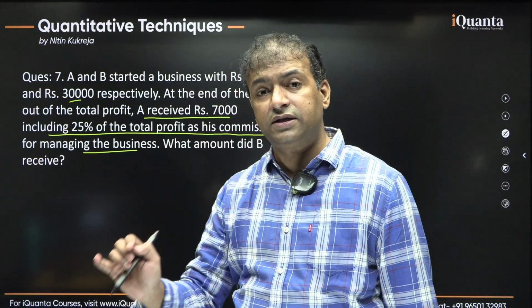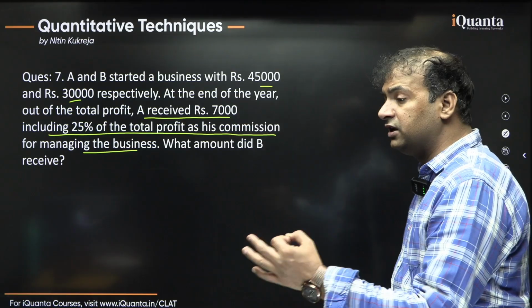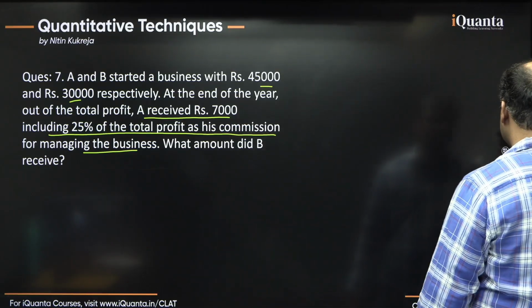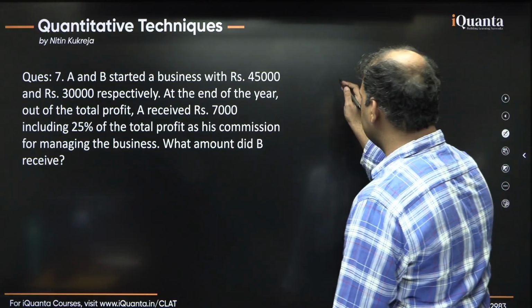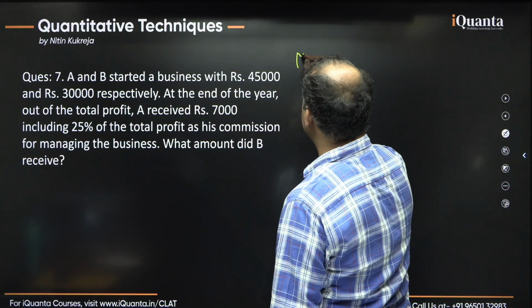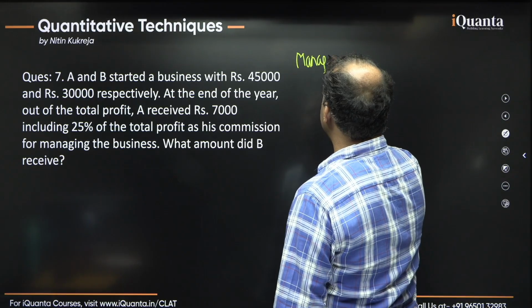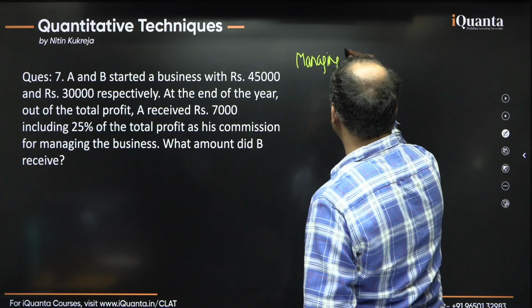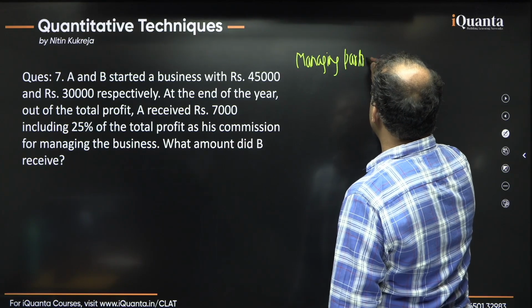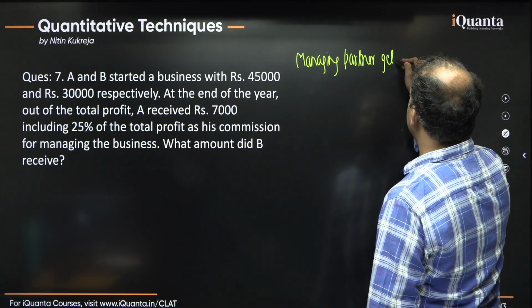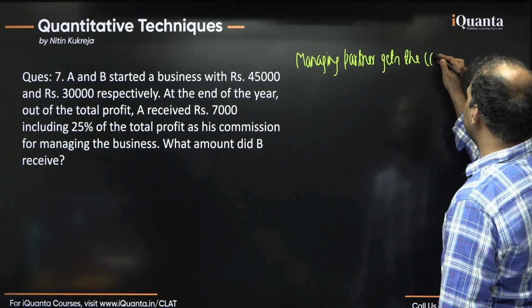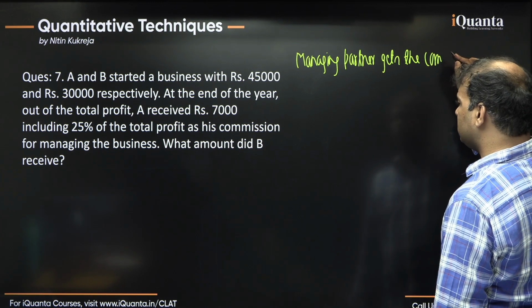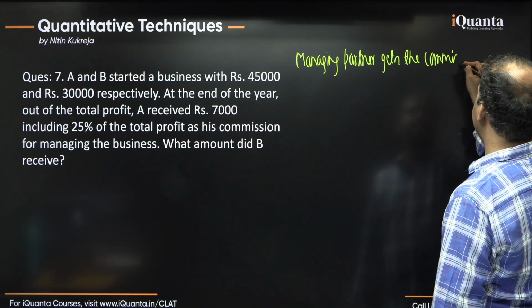Now, how is this distribution, this calculation done, right guys? Let me tell you one simple thing. In these kinds of questions, the managing partner, for example in this question Mr. A, gets his commission first. He will get the commission first, okay?